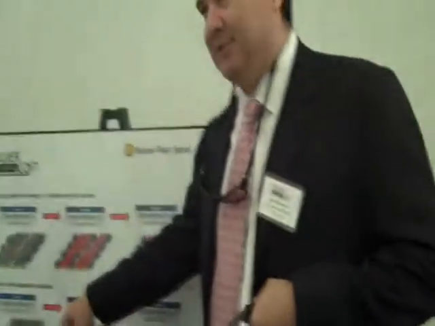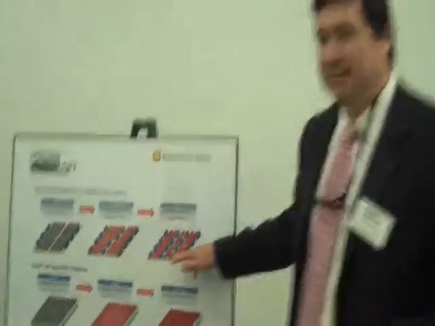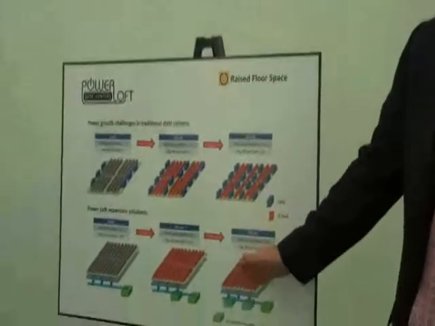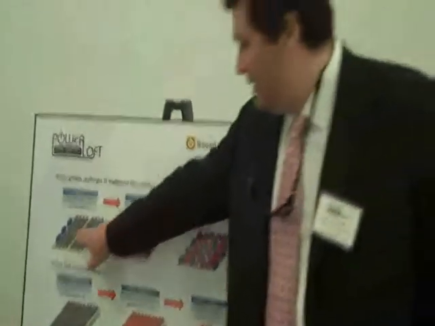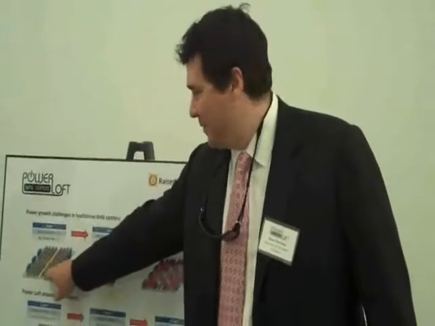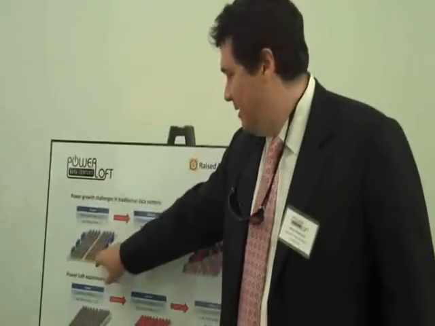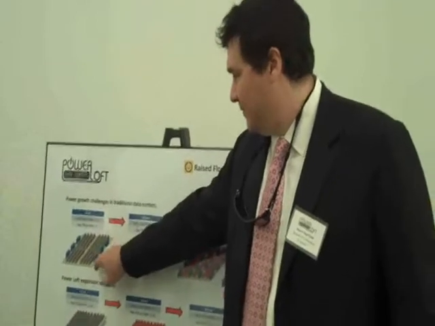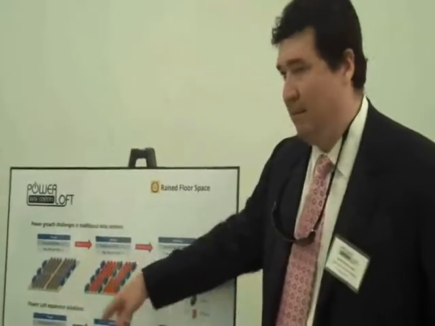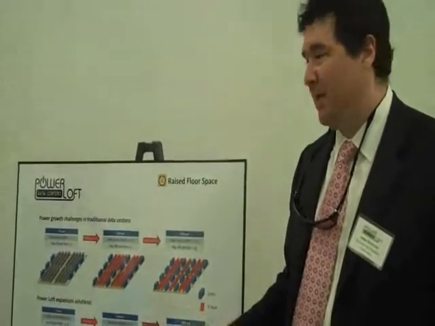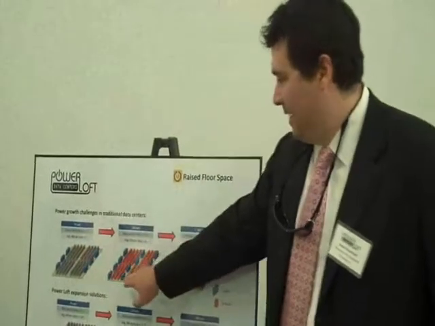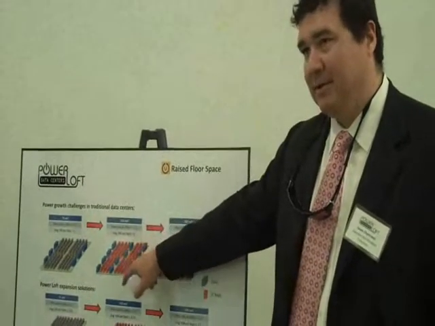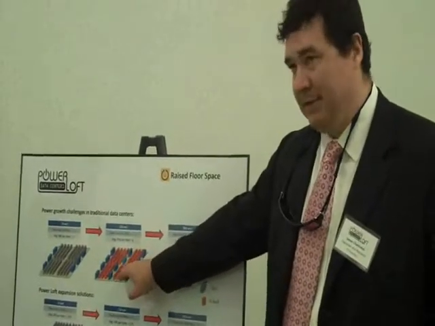This board is meant to illustrate the traditional data center design moving into the power loft design. This is a single-story design, and you can see these are racks of computers and servers, and this is your IT production area. In the traditional design, you've got your CRACs along the walls distributed amongst the IT servers, and as you get hotter and draw more power, you've got to add HVAC onto that raised floor to cool these servers.